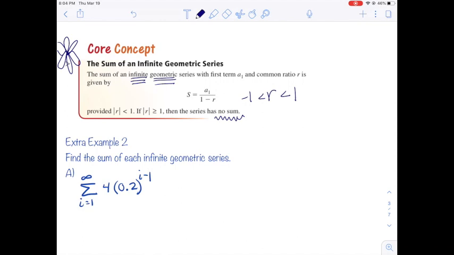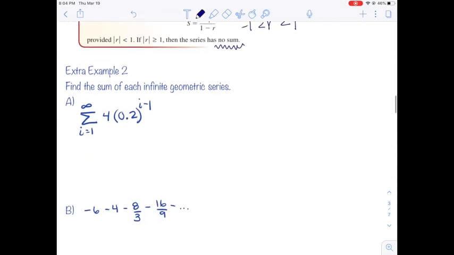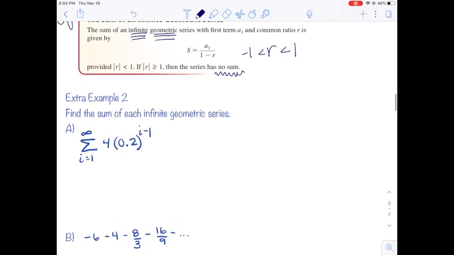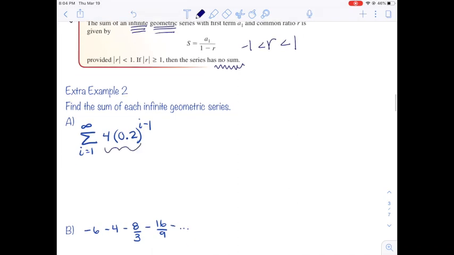Here are a few examples of how to find the sum. We've got A right here. So you've got i, your first term, up until the infinite term of this rule. And I know we kind of left it on Friday that you're just learning this summation notation.